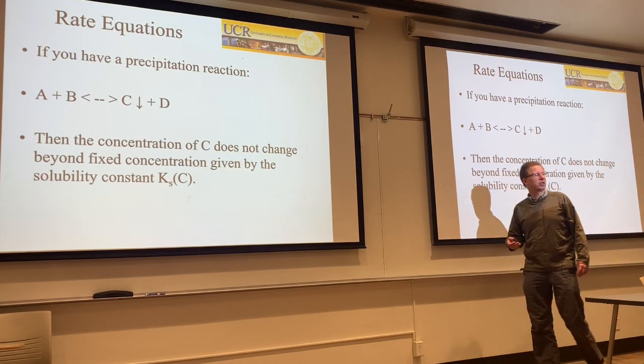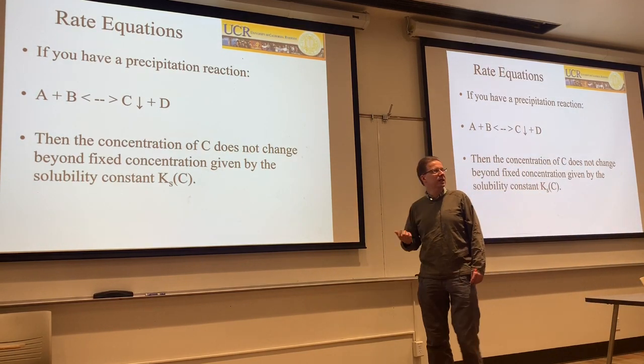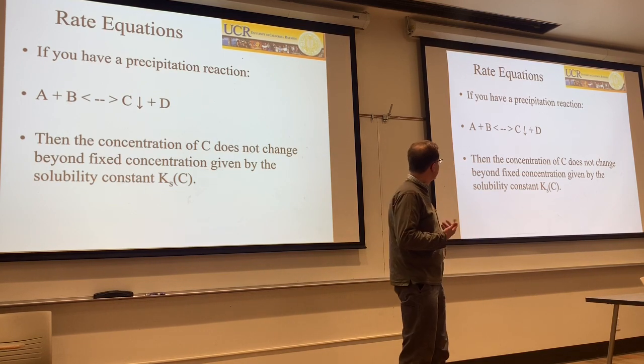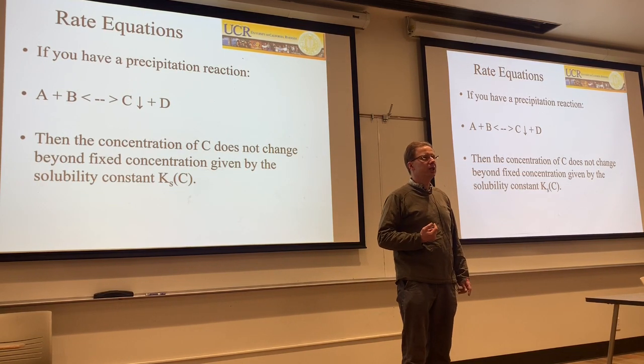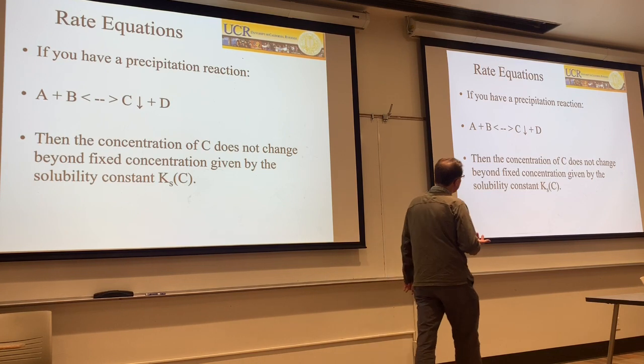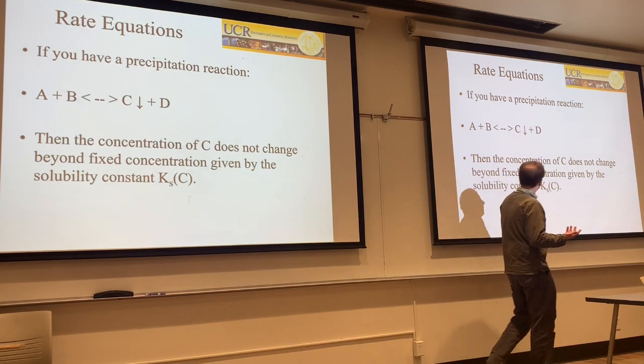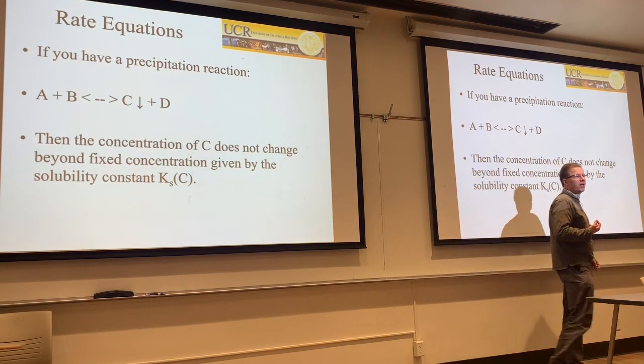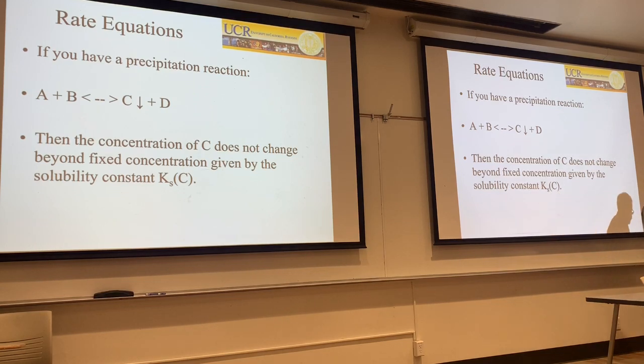And the solubility constant might give you the amount of C in such a reaction. So the amount of C is constant in such a reaction step, given by the solubility constant for C, how much you have, and not changing.